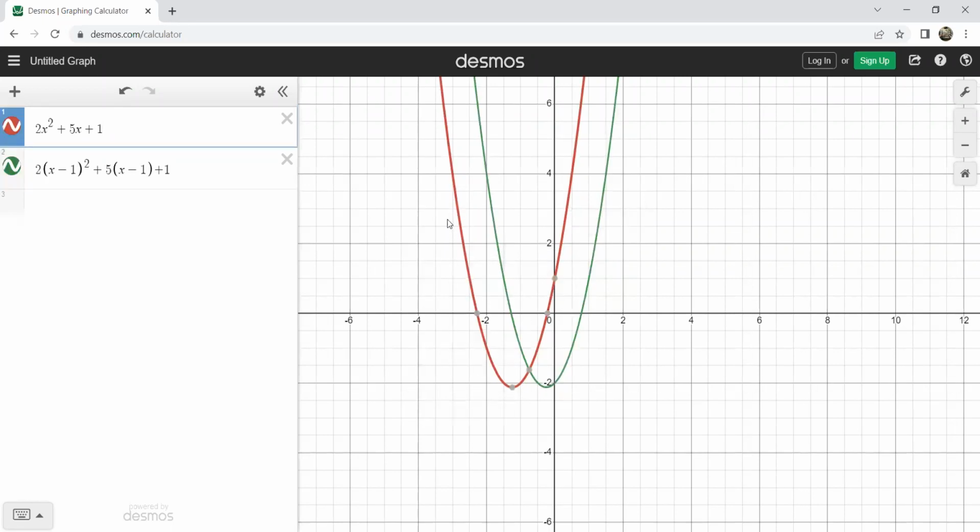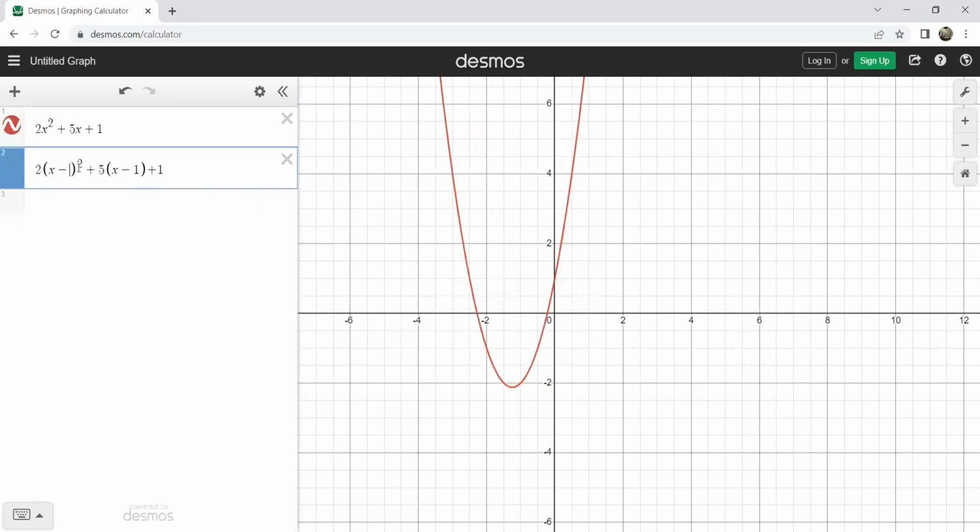In its behavior, it opens up, right? But it shifted 1 unit to the right-hand side. So subtracting 1 makes a horizontal shift to the right. What if I change it to 2? I'm subtracting 2 from x. See what's happening.